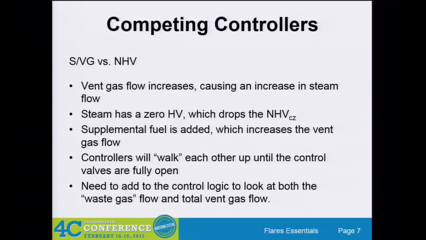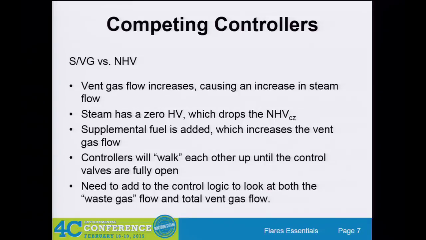So that's one of these cases where we recommend that you put the supplemental fuel gas addition downstream of the analyzer. That way you can always have a true hard number coming from the vent gas to tell you what's in the gas, so you can know, I have 600 BTU per scuff in the vent gas, I don't need any supplemental fuel.